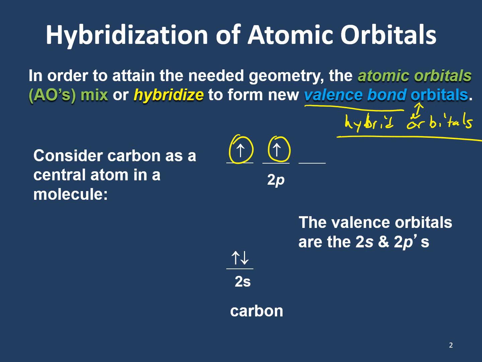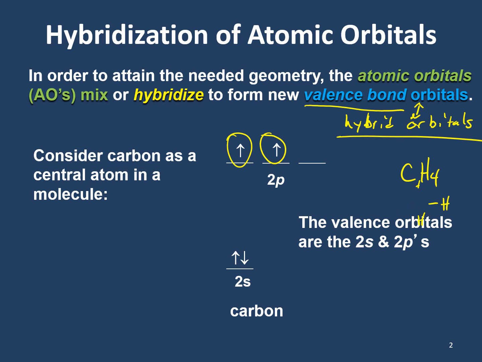We only have 2 unpaired electrons. As I said earlier, valence bond theory predicts that we have to have unpaired electrons participating in bonding, which means since I only have 2 here, I should technically in carbon only be able to form 2 bonds. But we know methane, CH4, exists and that it has 4 bonds around carbon.